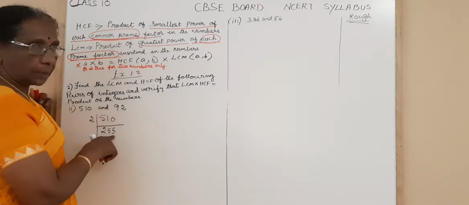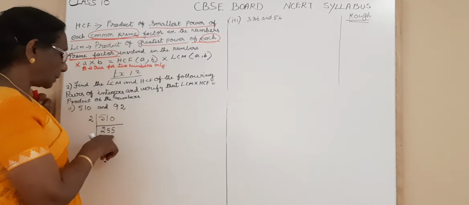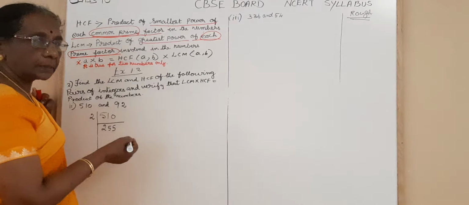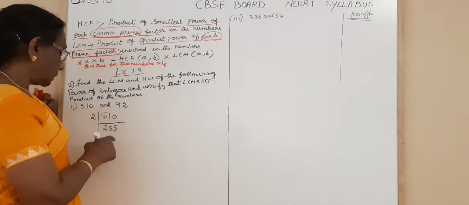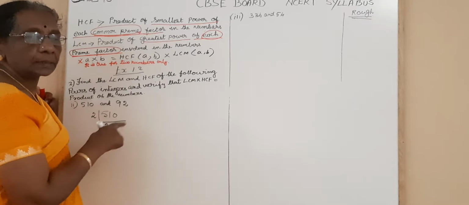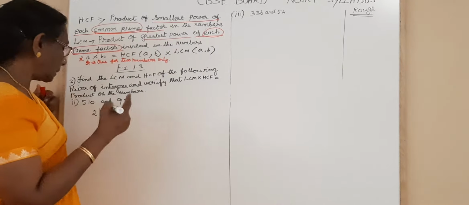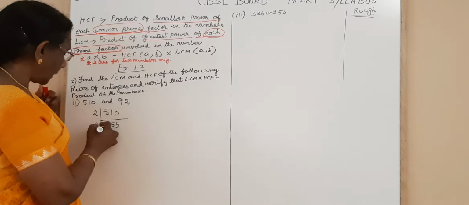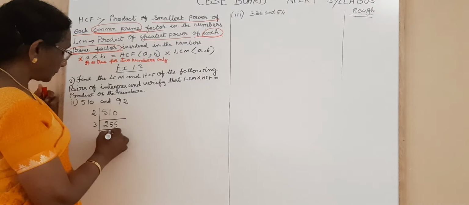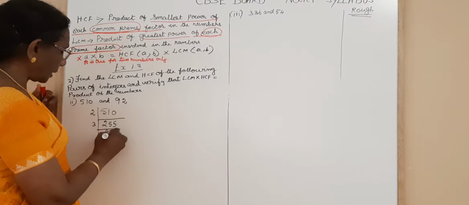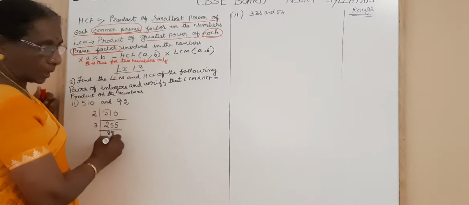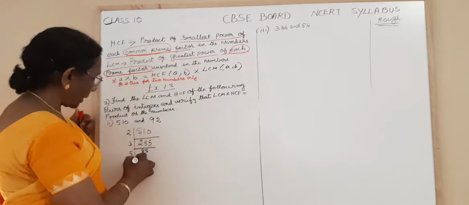Now it is not divisible by 2 because the units place is 5. Now let us check the next prime number, 3. What is the test of divisibility? 5 plus 1 is 6, 6 plus 2 is 8... add the digits. 12 is a multiple of 3, so divide by 3. 8 3s are 24, 5 3s are 15. And again, it is not divisible by 3, so let us move to the next prime number 5.